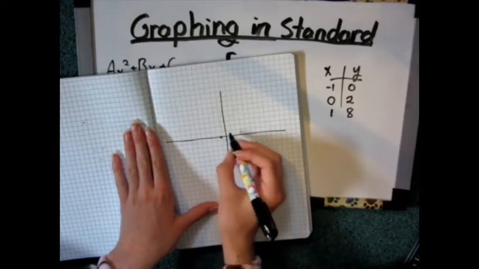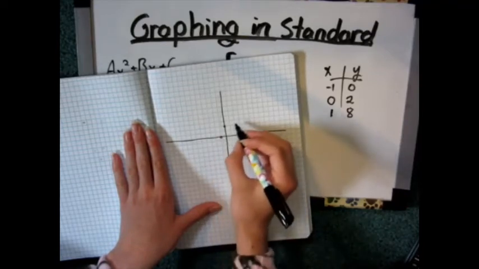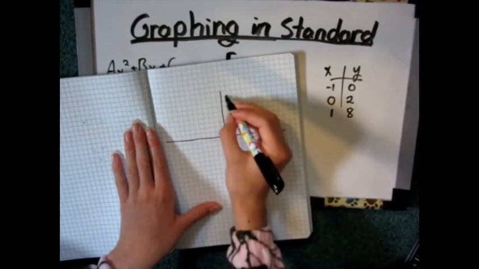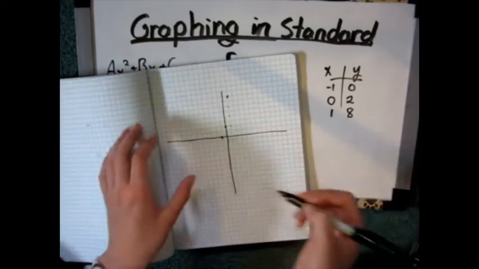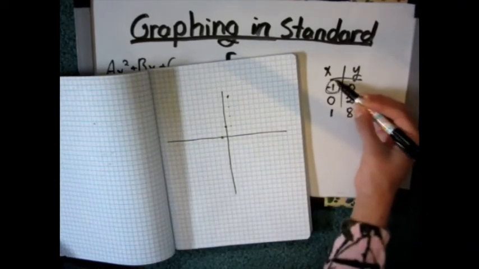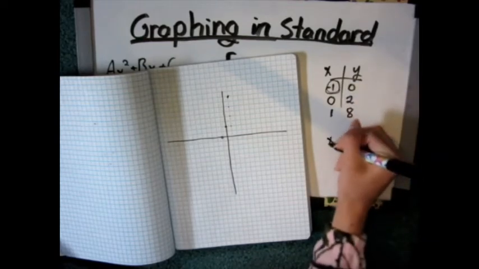Alright, to graph, just plot the points. The vertex, negative 1, 0, then 0, 2, then 1, 8. And then your vertex x value, that's also the axis of symmetry.